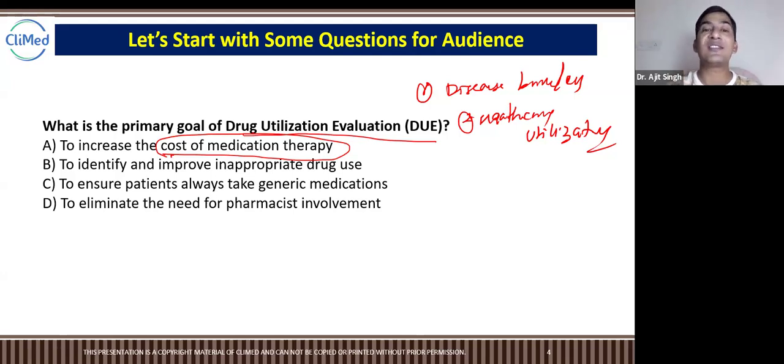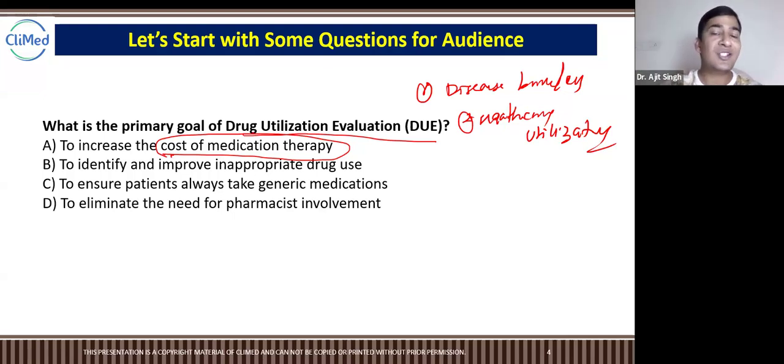When we talk about the cost of medication therapy, it is not only the drugs or syrups or injections. That also includes the travel cost, the daily cost of living, the food cost, the accommodation cost, the hospitalization cost, the registration cost, or multiple things.